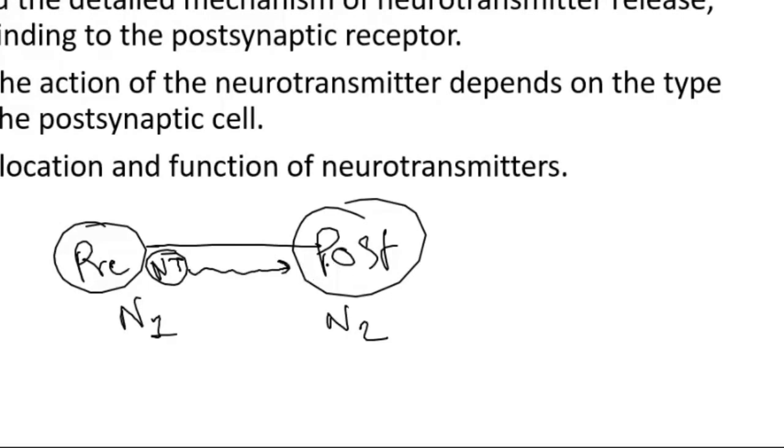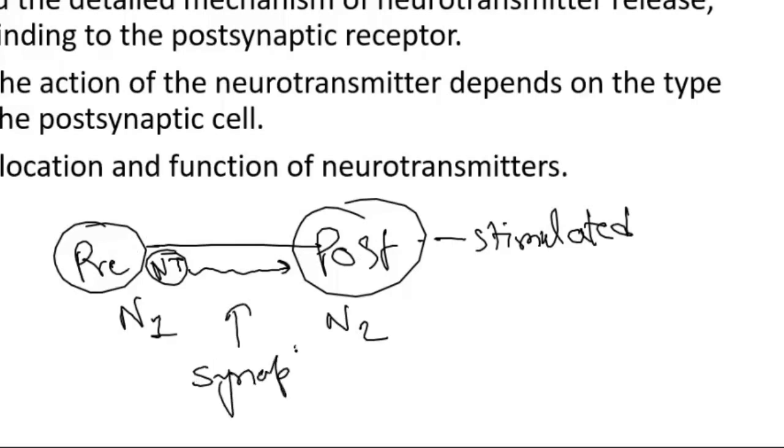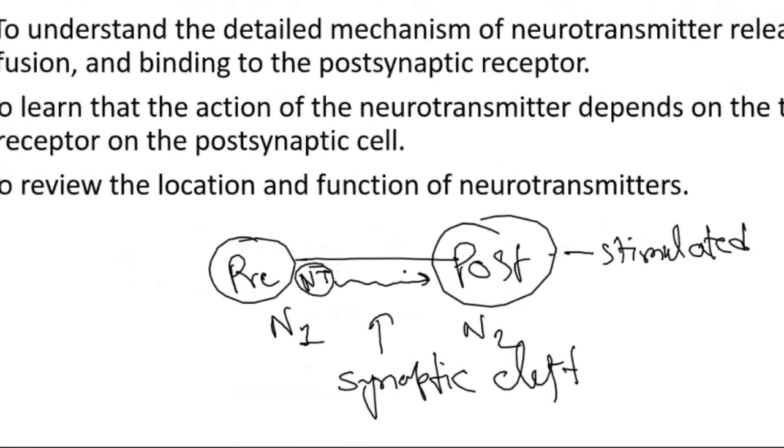It will activate those neurons, and those neurons will be stimulated by the activity of this neuron. This whole process of neurotransmitter release ends when the neurotransmitter dissociates from the receptor and is removed from the junction between these two neurons, known as the synaptic cleft, the region between two adjacent neurons.